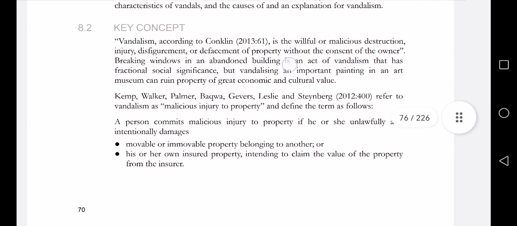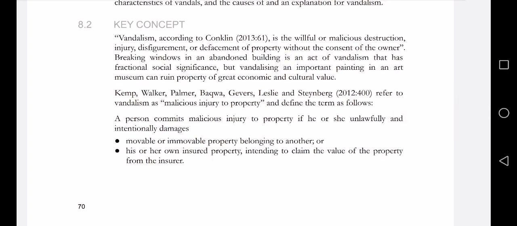Key concept. Vandalism, according to Conklin, 2013, page 61, is a willful or malicious destruction, injury, disfigurement, or defacement of property without the consent of the owner.